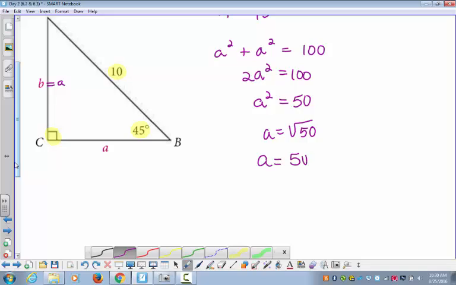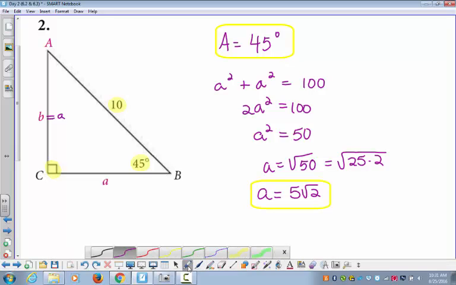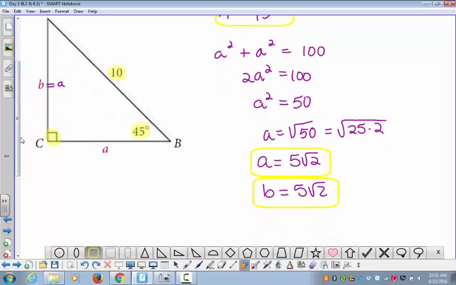And that is 5 times the square root of 2. 25, right? Square root of 50 is the same as square root of 25 times 2. And square root of 25 is 5. So that is the length of A, which is also the length of B. Because those are equal. So that is a pretty standard way to go at it. Pythagorean theorem is something you're super familiar with, so that always works with the right triangle. It only works with the right triangle.